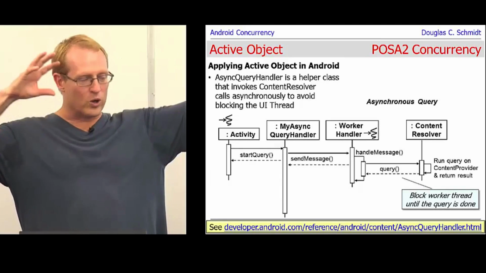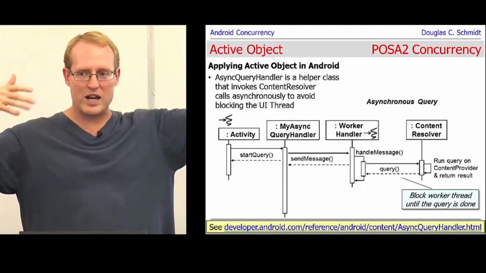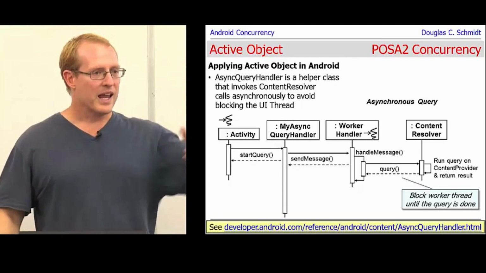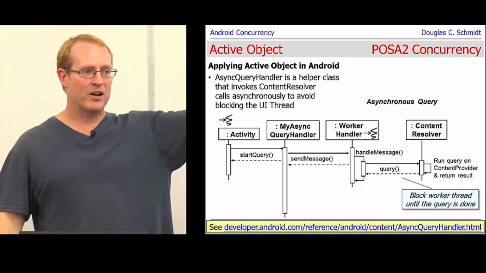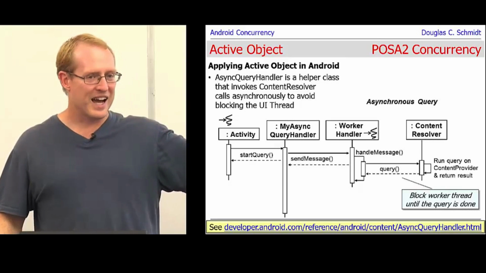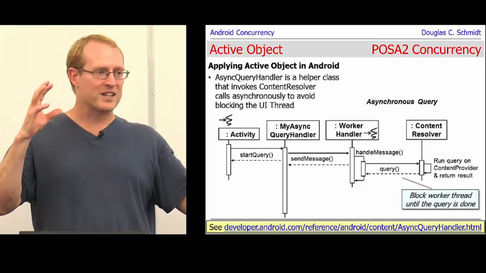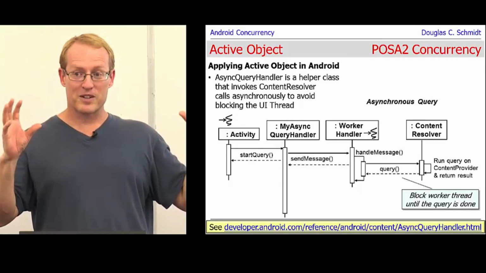So the original activity thread is off doing whatever it wants to do at this point, waiting for more input from users. And there's work taking place in the background in the worker thread, and that thread is querying the actual content resolver, and it's blocking, but it can afford to block because it's not blocking the UI thread. So that's perfectly kosher to do.